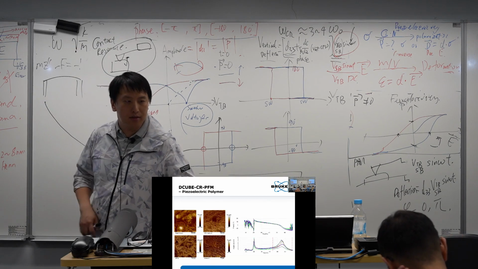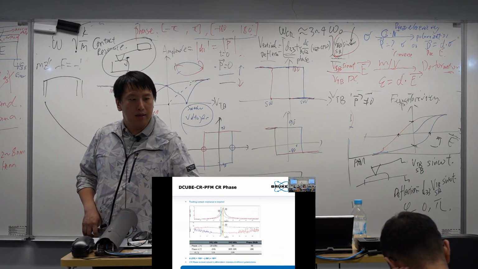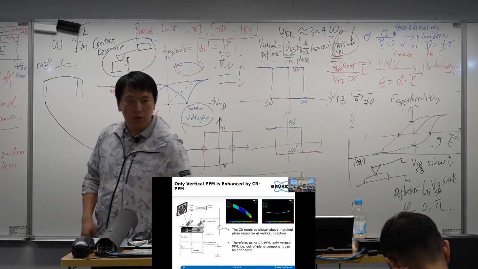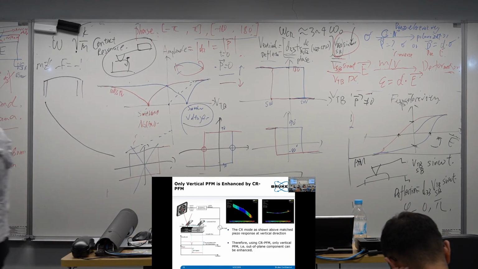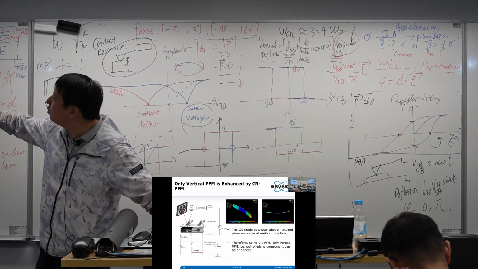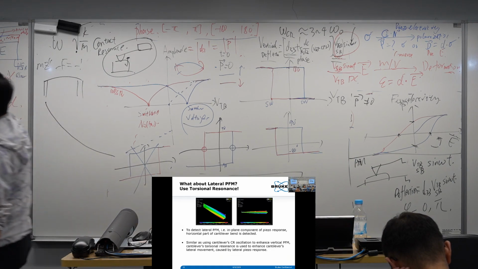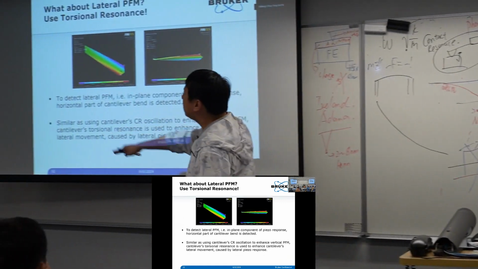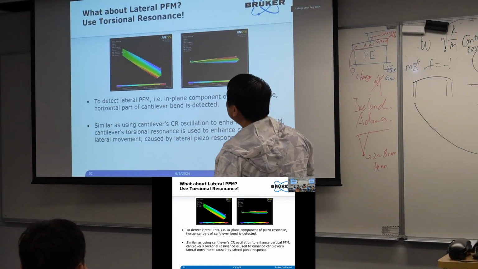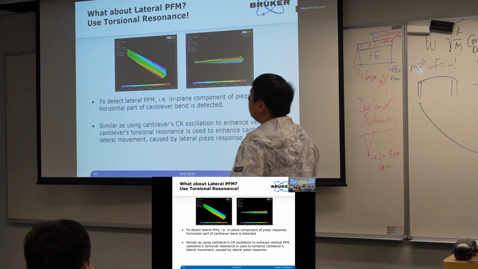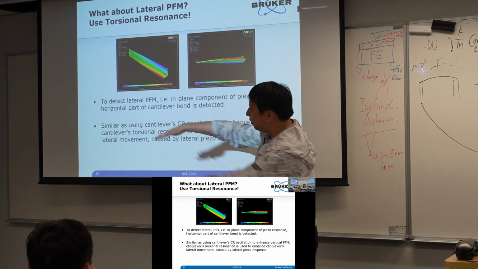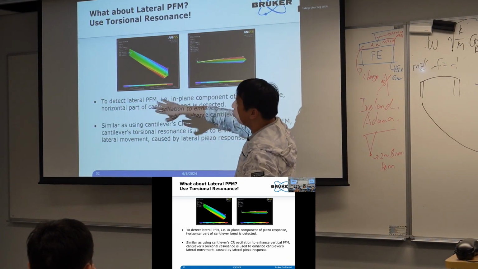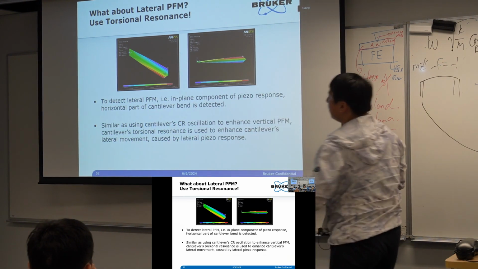And that's the results. We also use the same theory for the lateral PFM, for the in-plane components. For the in-plane components, we do not use the contact resonance, we use the torsional resonance.